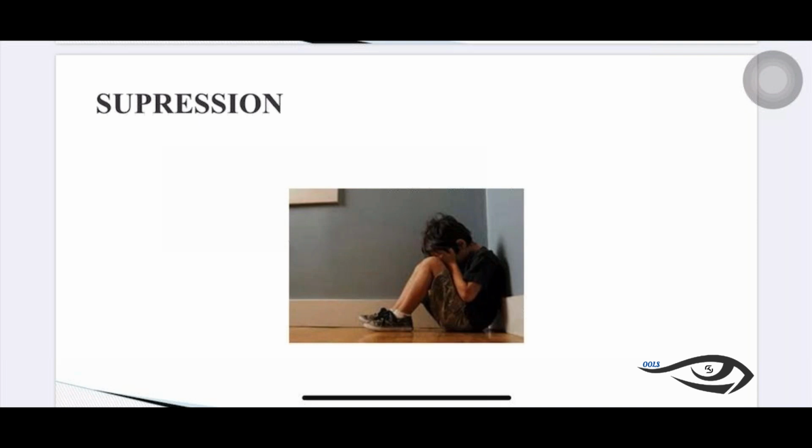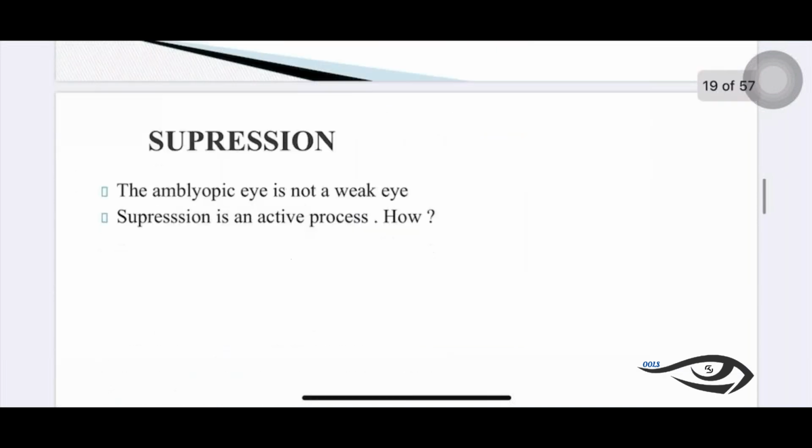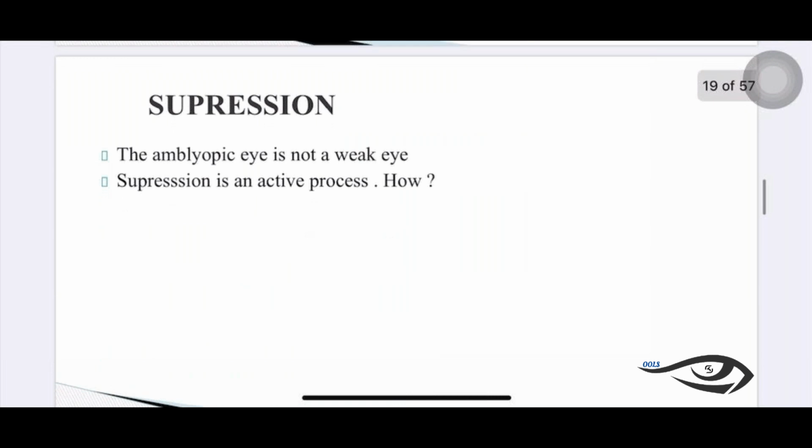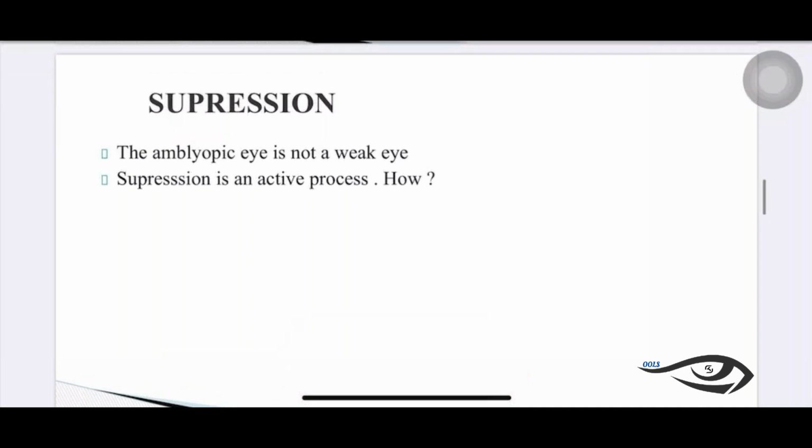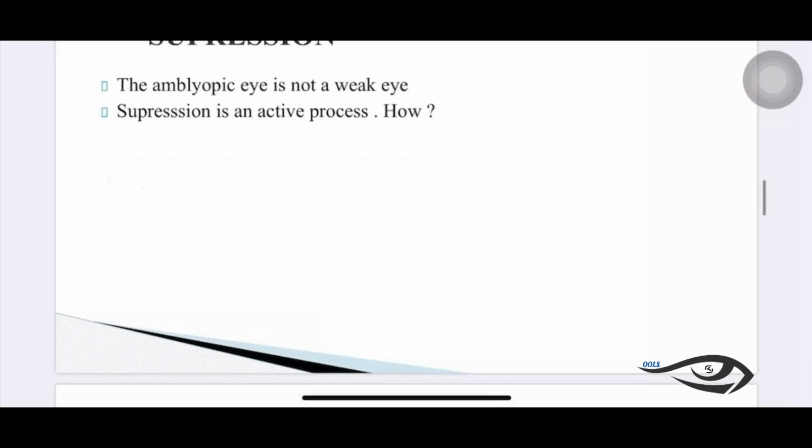But the Maharashtrian guys speak Marathi very well because they learned that language from childhood. But it doesn't mean that I can't learn Marathi. I can learn it and speak it very well at any age. That is what suppression is: the cells are active and we can develop them at any age. We can train the brain to improve visual acuity at any age.